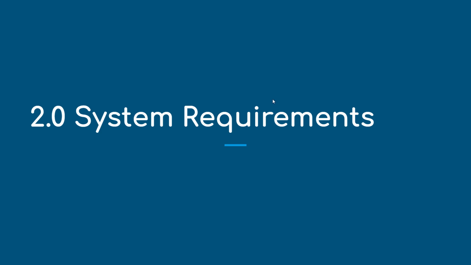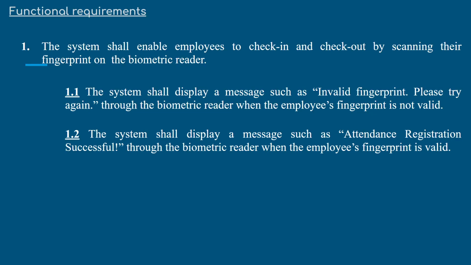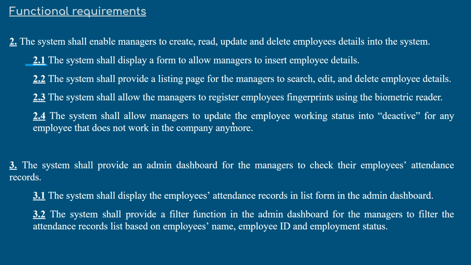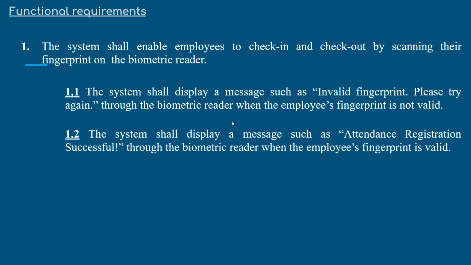System requirement. I will be presenting the system requirements. The first functional requirement is that the system shall enable employees to check in and check out by scanning their fingerprint on the biometric reader.